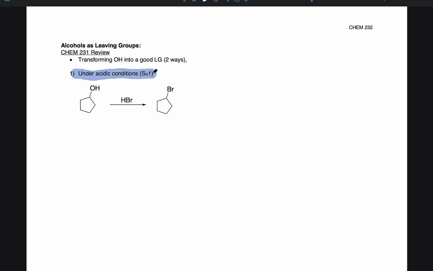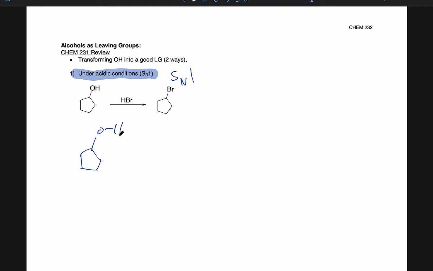We've seen some things already where we can have alcohols be leaving groups. For example, with SN1 conditions, we can have an alcohol that gets protonated.